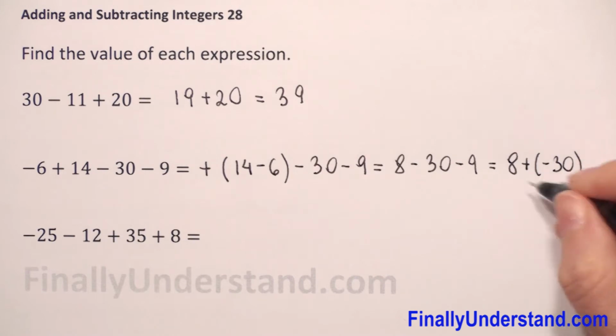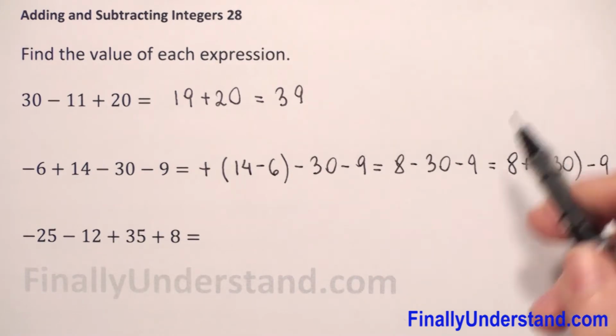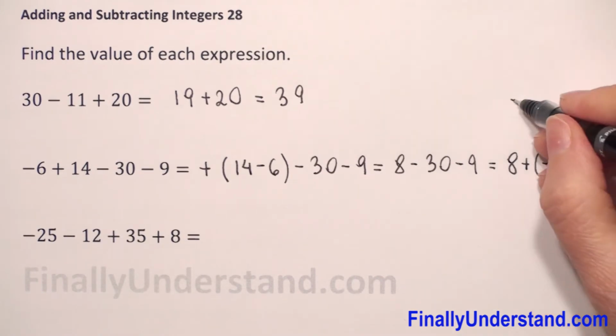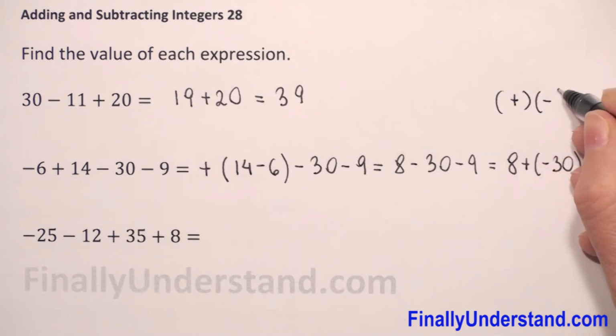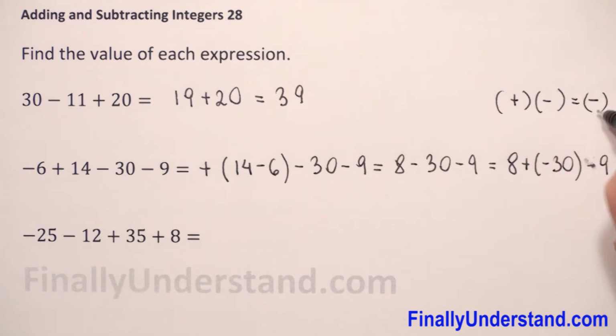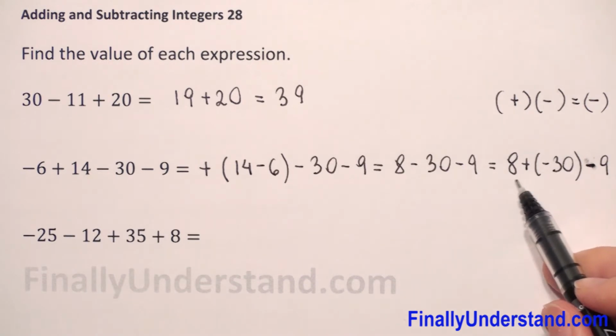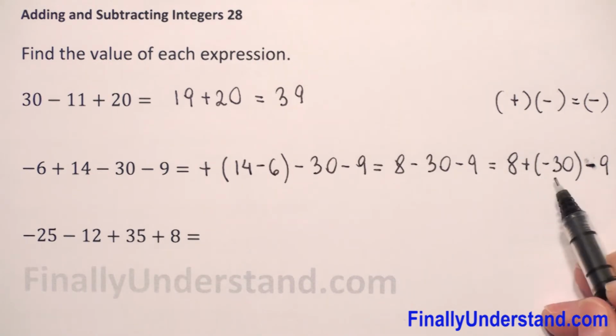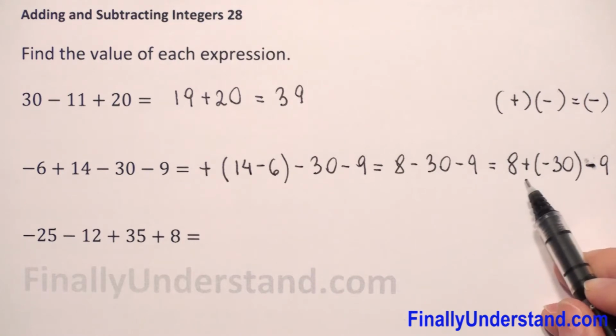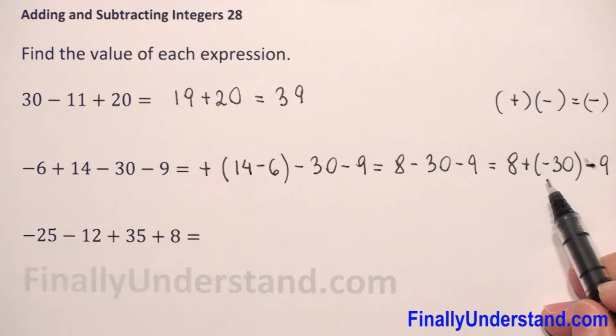It's still the same, and negative 9 we copy. Positive and negative, memorize, is always negative sign. But now it's very easy to add these two integers with different signs.